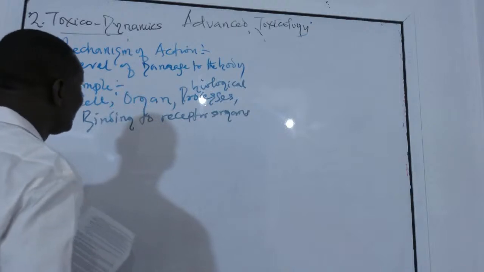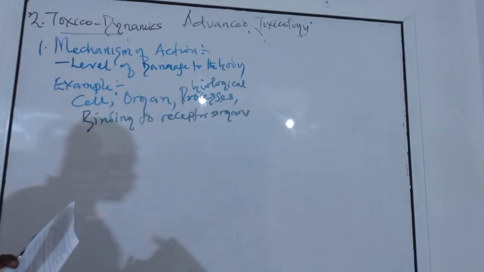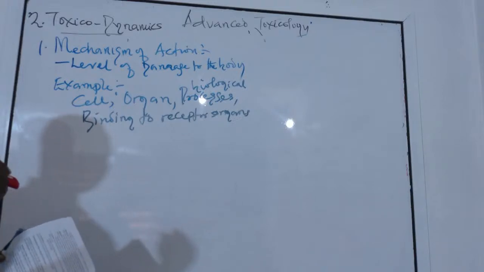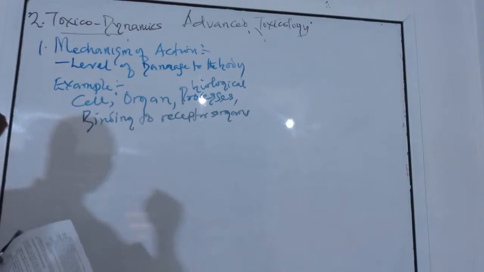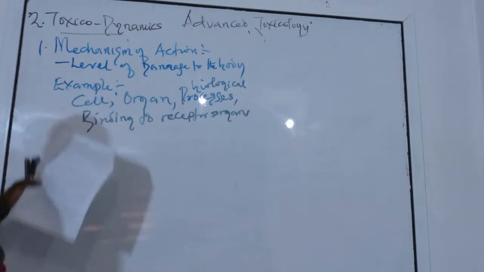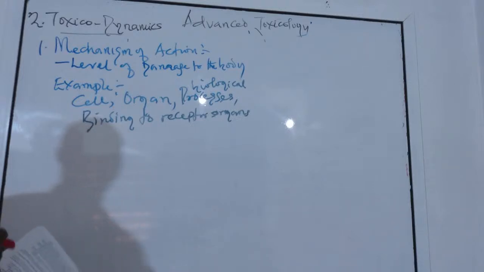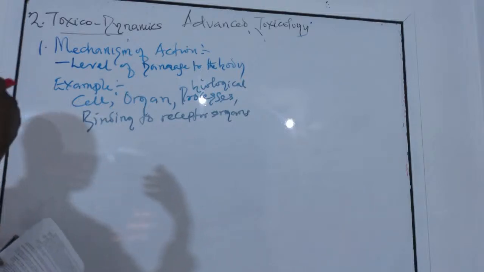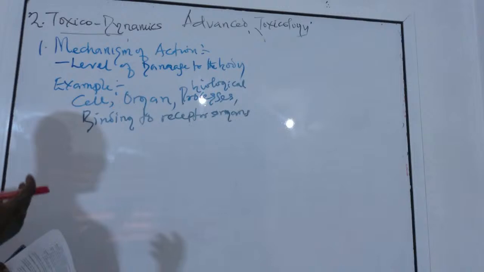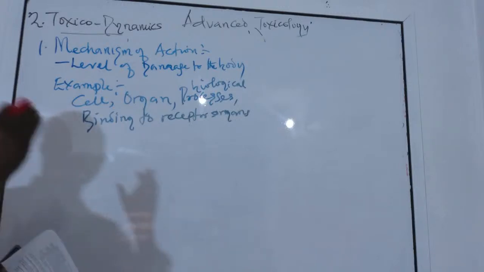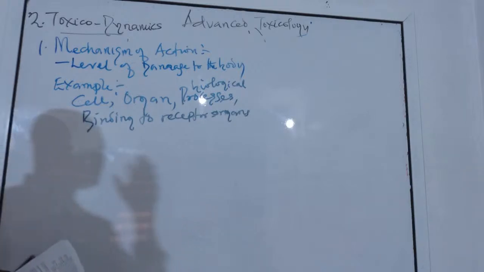That is why one of the various ways that you can measure how toxic a substance could be is to know the mechanism of action. If you know the mechanism of action, once the toxin has started its journey, you will be able to know where to trace it to.